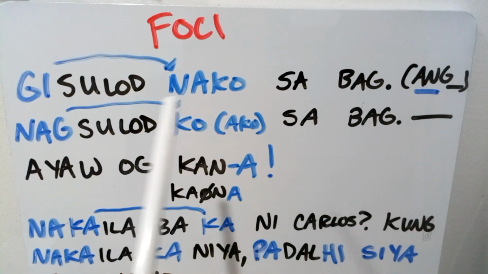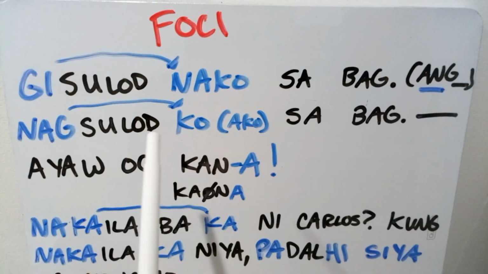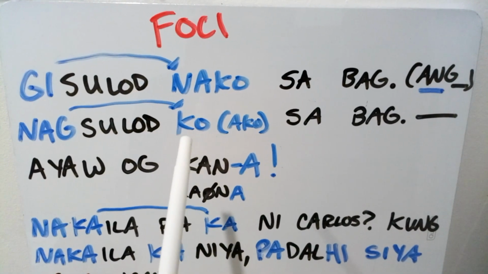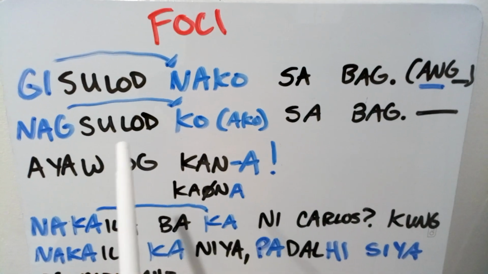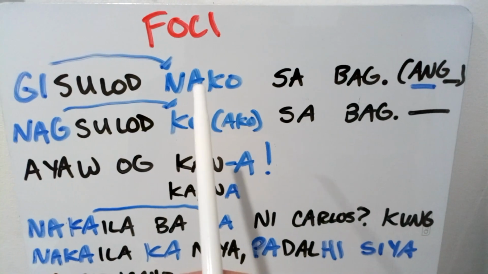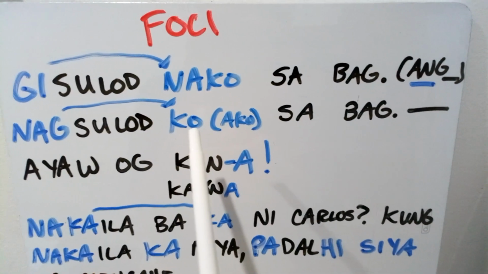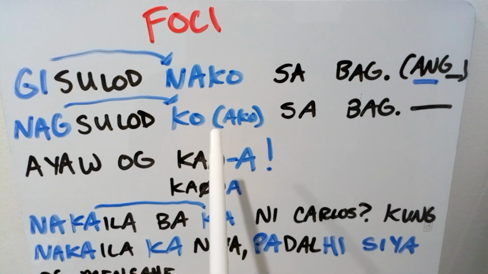So now we have an actor focus verb, and we change the corresponding pronoun to ako. Nagsulod ako sa bag. Now it's us, the first person, again, not ergative, it's absolutive. We are now the ones being talked about in the sentence.